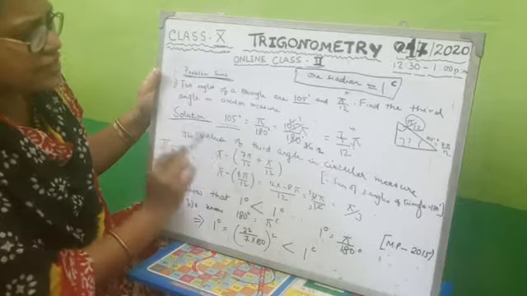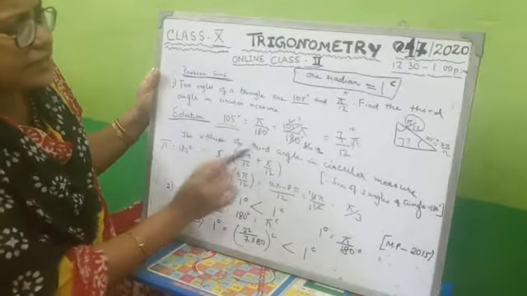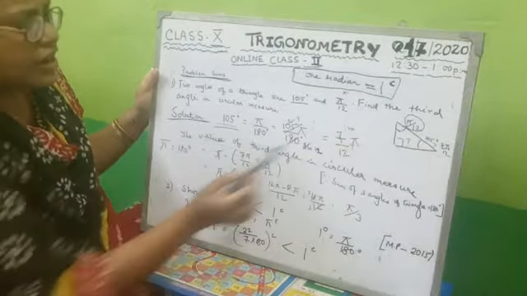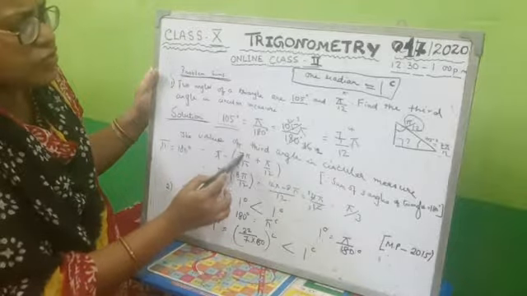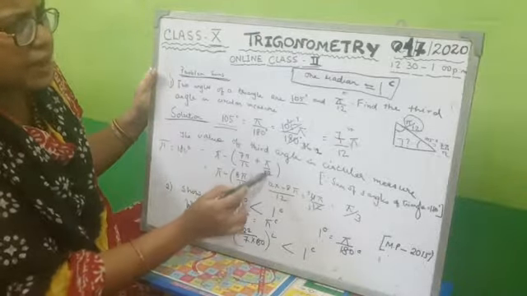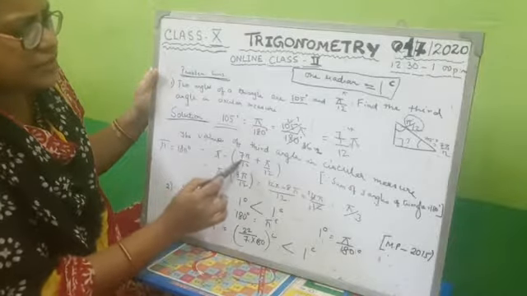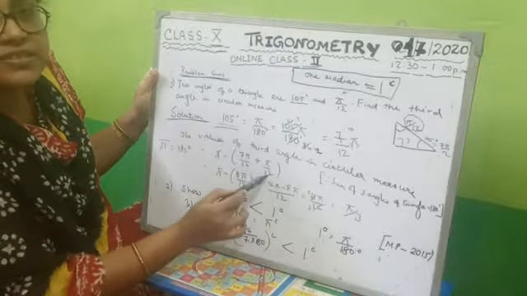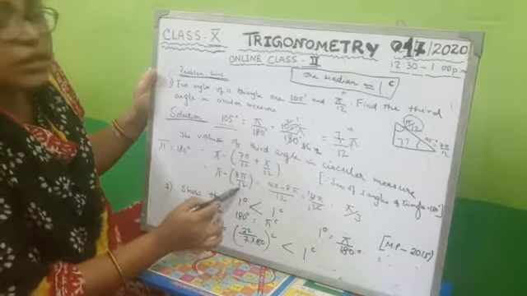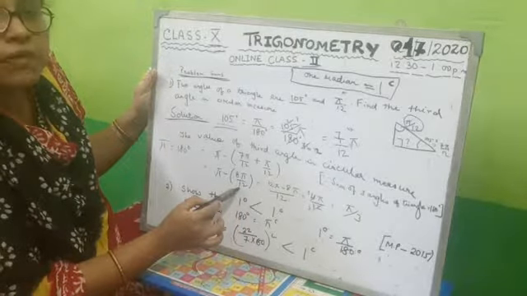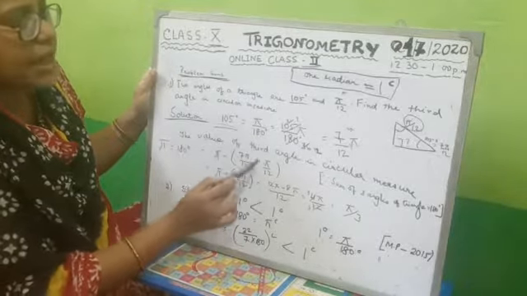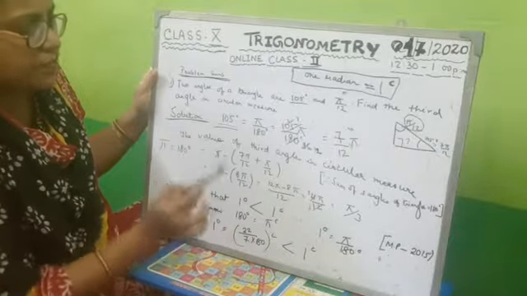So we write pi radian minus the other two angular values, 7 by 12 pi plus pi by 12. That is equal to pi minus, if you add these two, since the denominators are the same, the denominator will be 12, and 7 pi plus pi will give you 8 pi.